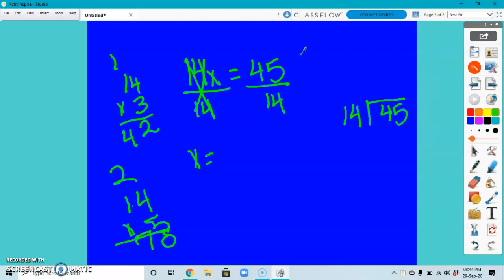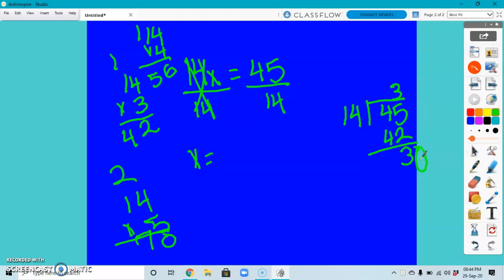No, that's too big. And 14 times 4: 4, 8, 12, 16. 4, 5. So your best logical answer is 3, which leads you to 42. You subtract: 4 minus 4 is 0, and 5 minus 2 is 3.